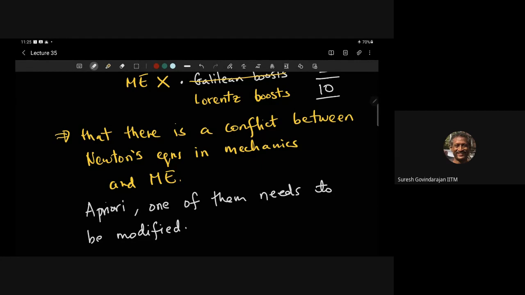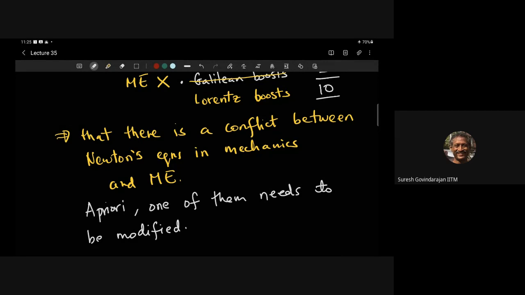Why am I saying that there is a conflict? Let's think about how we got the Galilean group. We defined something called two mutually inertial observers. They should agree on forces. That was what we had in mind, and we're going to be doing the same thing even with Maxwell's equations.